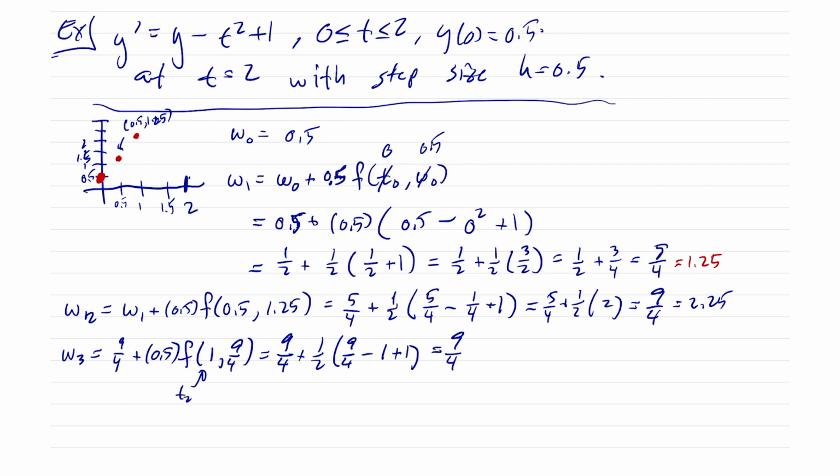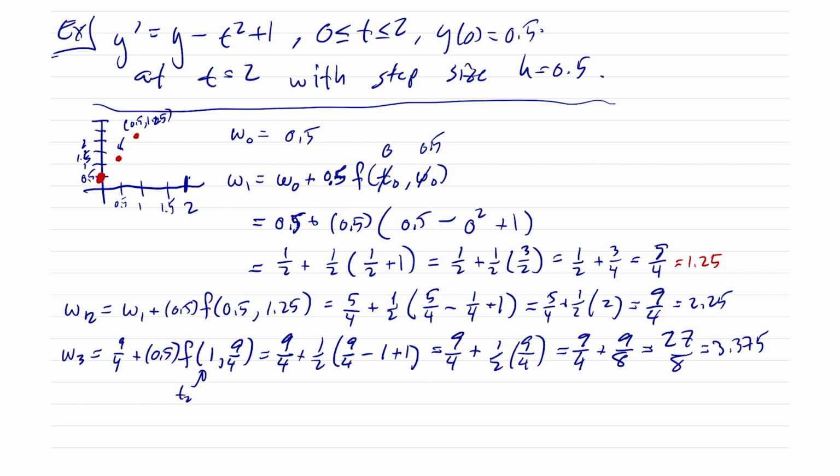This is 9 quarters plus 1/2 times 9 quarters, and so it's going to be 9 quarters plus 9/8, and so that is going to be 18/8 plus 9/8, which is 27/8. 8 goes into 27 3 times, so that is going to be 3 point something, and according to them it is 3.375.